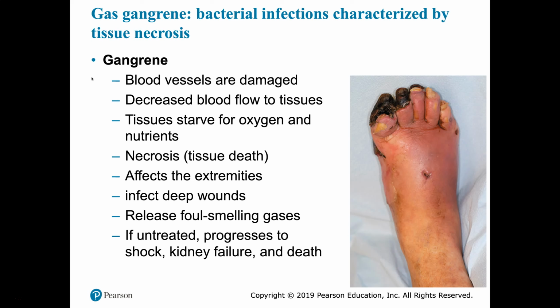And if you stay that way for long enough, the blood continues to mostly stay where the vital organs are, and then you start to have necrosis of the tissue, meaning they're not getting enough oxygen and nutrients, and they die.